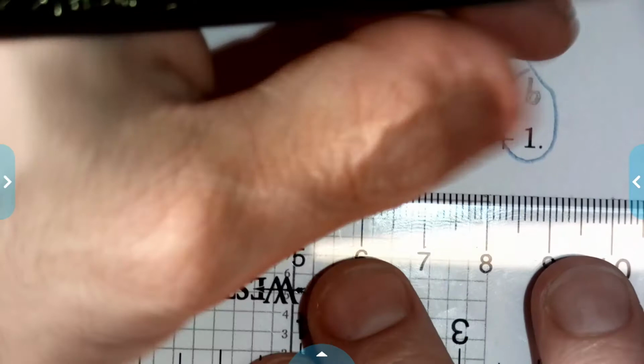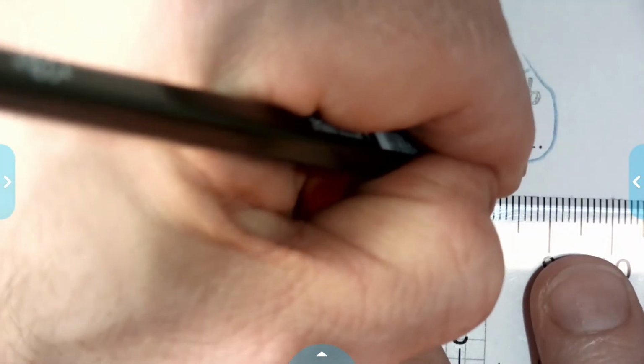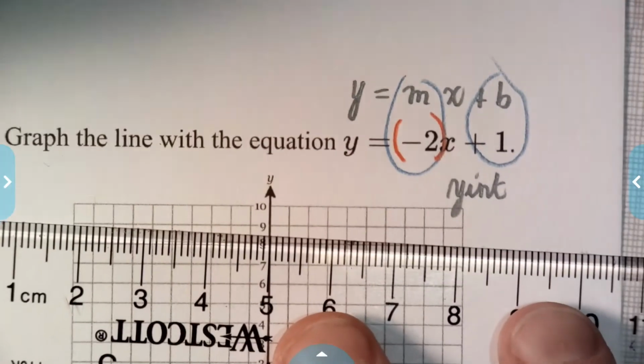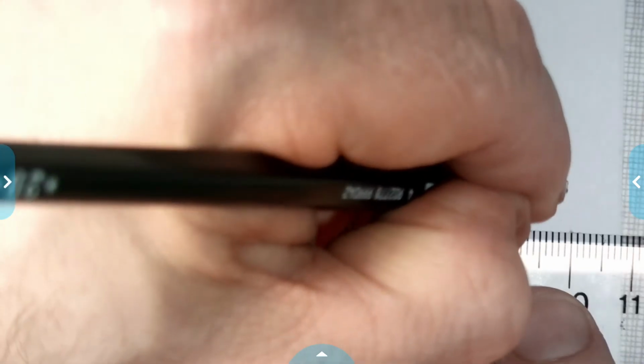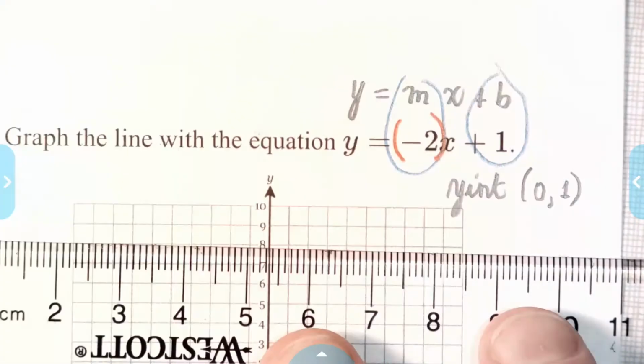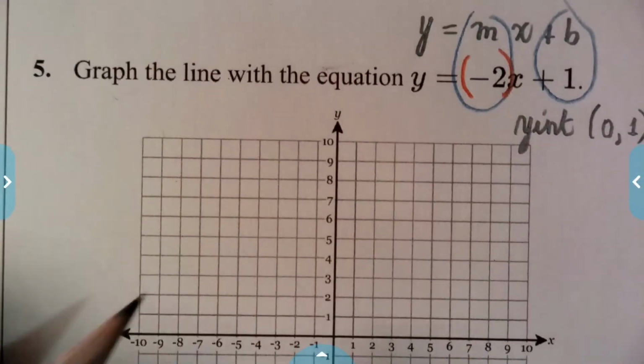And that means that the y-intercept is located at 0, 1. So you want to plot that point first. We're going to go find 0, 1.